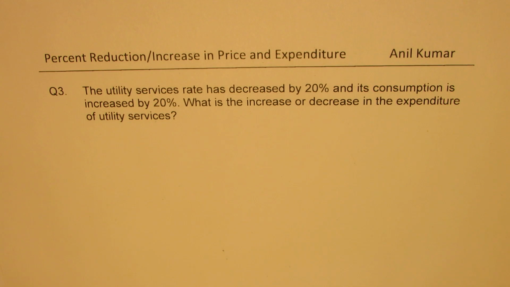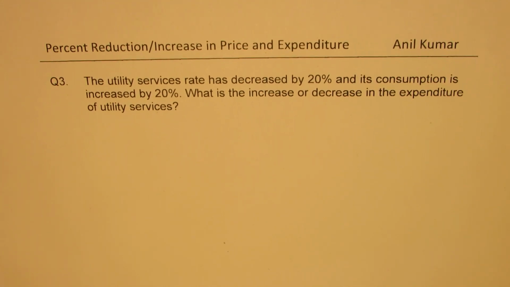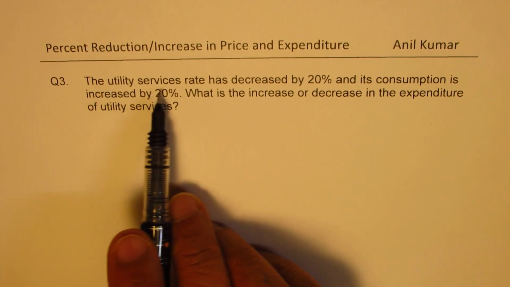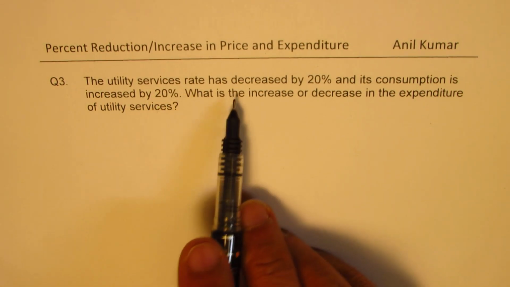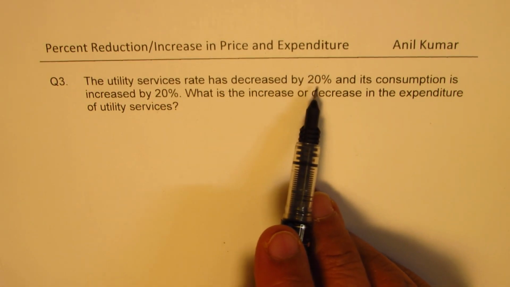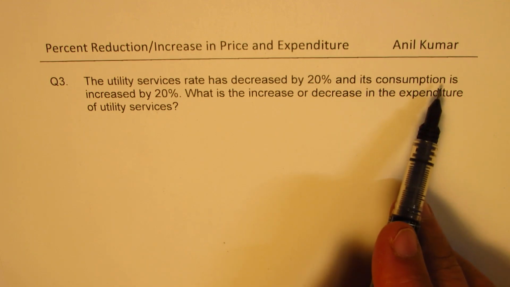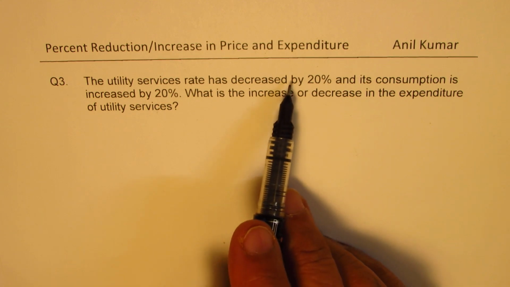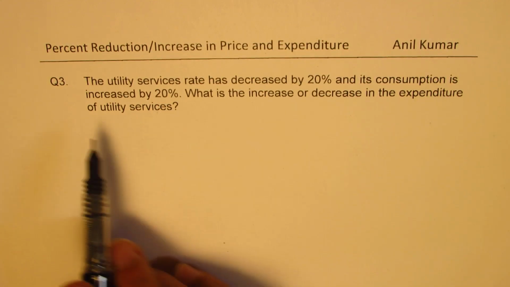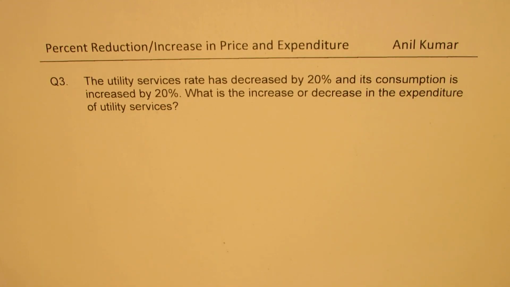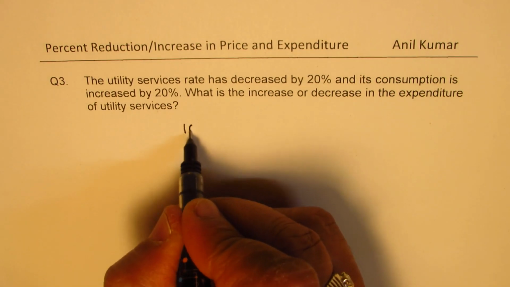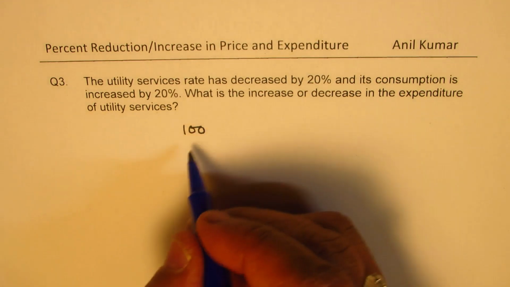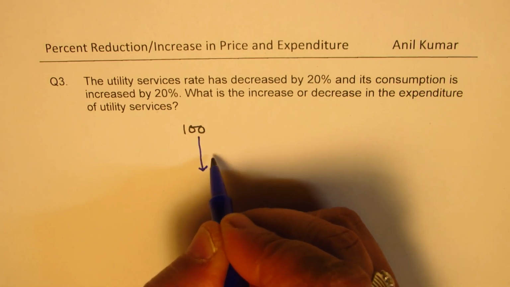Now here is the solution to question number 3, which is about the utility services. The utility service rate has decreased by 20% and its consumption is increased by 20%. What is the increase or decrease in expenditure of utility services? So again, we can start with 100. Now, we are saying that the rate is decreased by 20%, right?